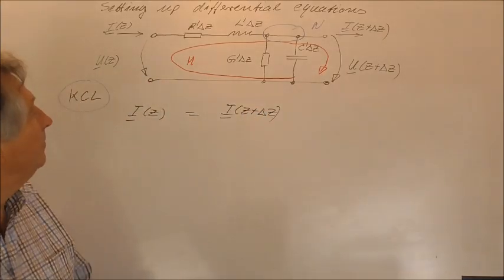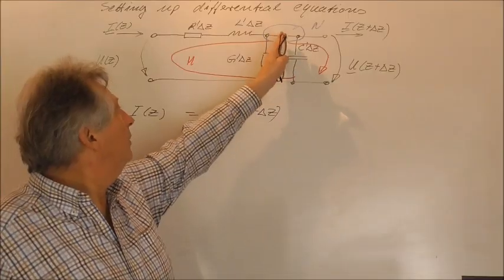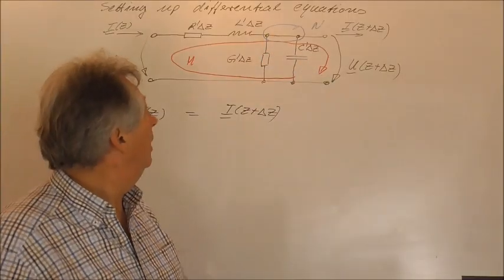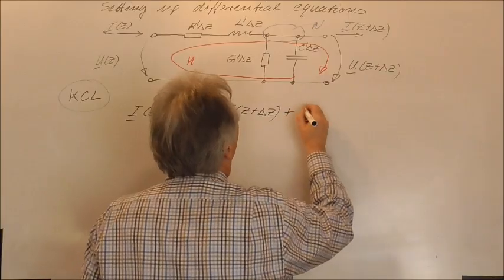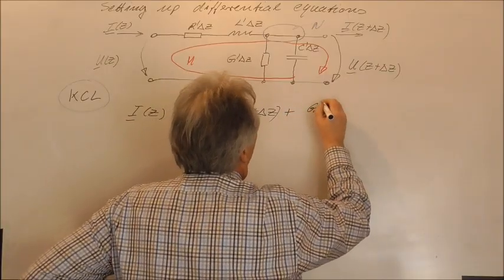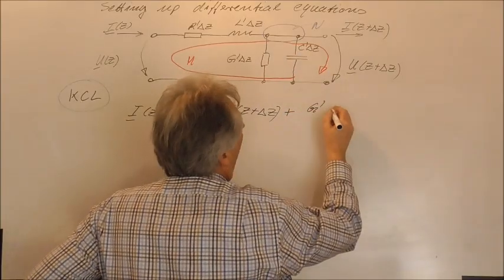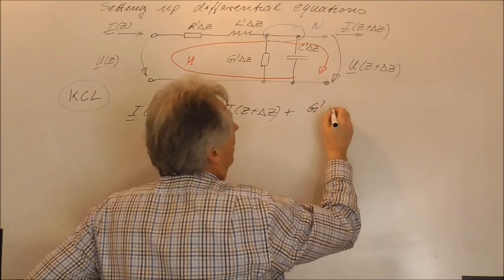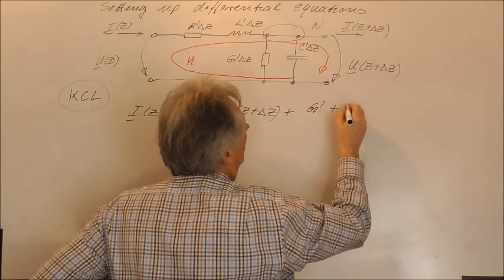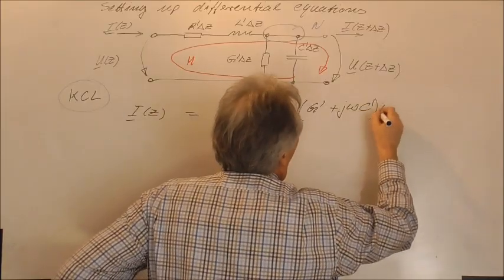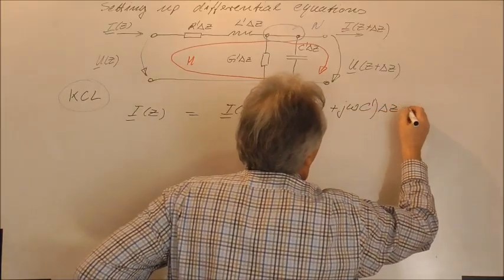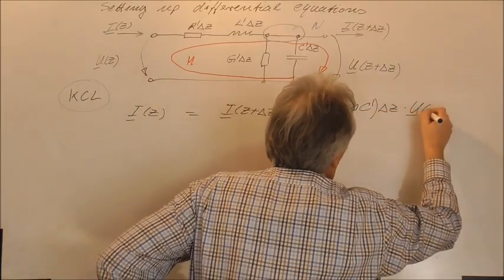And of course, a certain current is flowing through the parallel elements, which will be plus G prime (now we have to add the conductances because they are in parallel) plus j omega C prime times delta z times u of z.